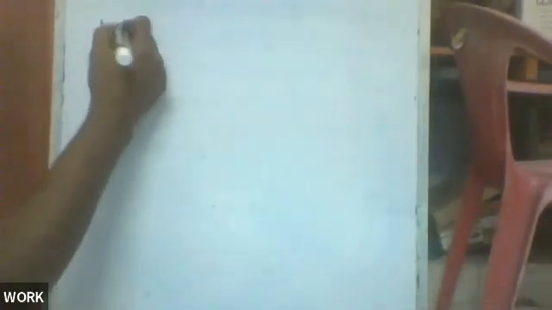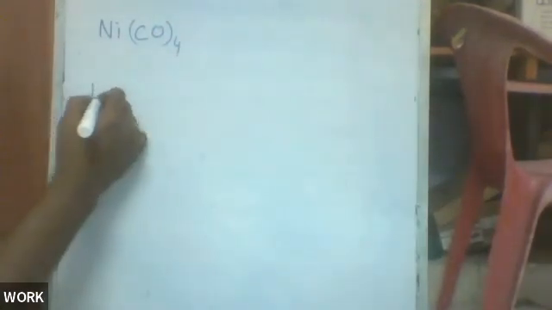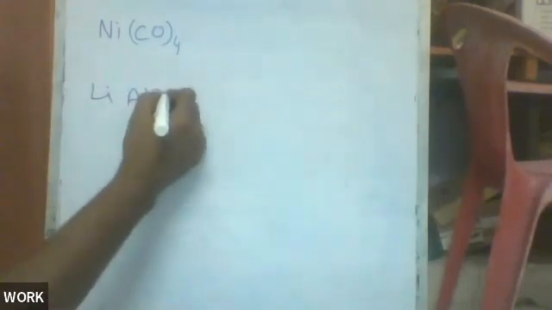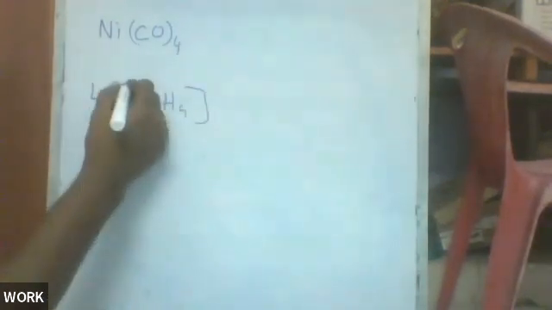Take these examples, you have to complete. Nickel tetracarbonyl. What is the oxidation state of nickel? Then take lithium aluminium hydride. What is the oxidation state of aluminium?